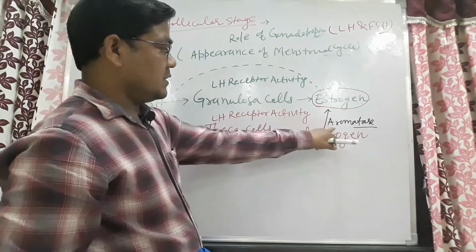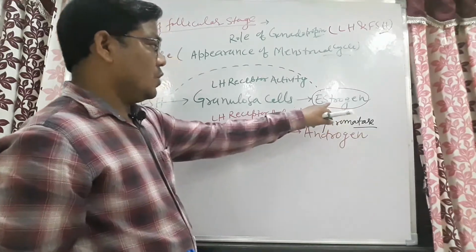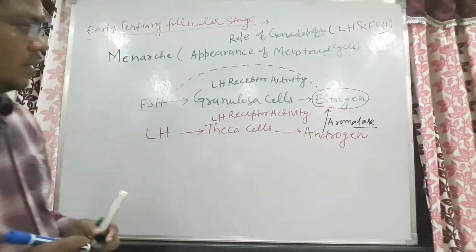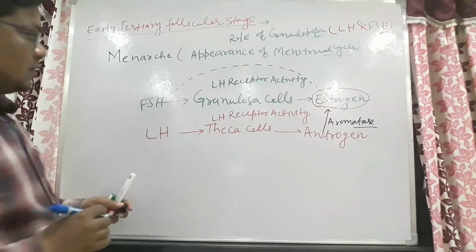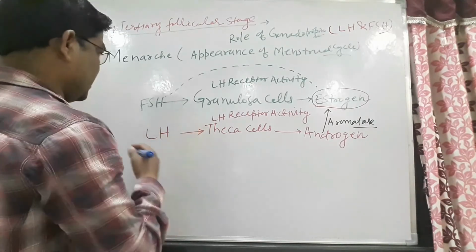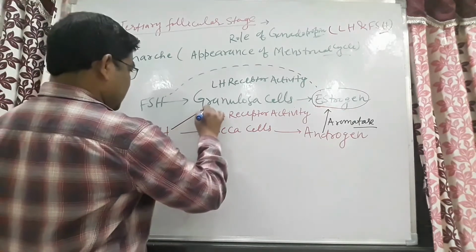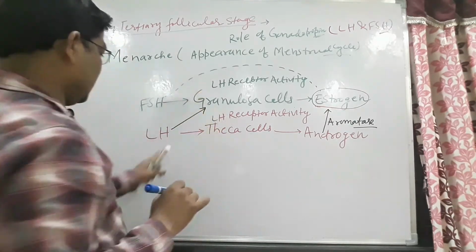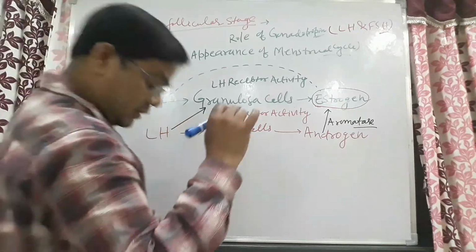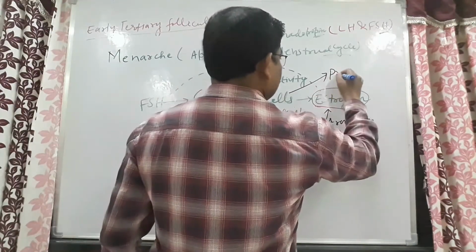With the help of this enzyme aromatase, these androgens get converted into estrogen. Another thing we have to know: LH will also stimulate the granulosa cells to produce progesterone.